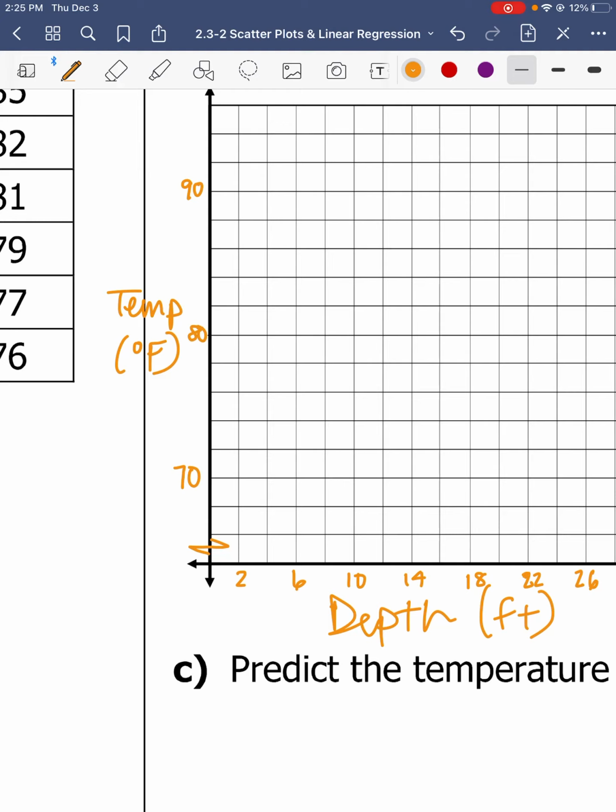That should be good. Okay, so what this means is I'm counting every grid here as 2. This is 2 more. But because I don't want to start at 0 and go all the way up to 70 by 2, I just make this little mark down here to say that we're just going to start basically at 66.